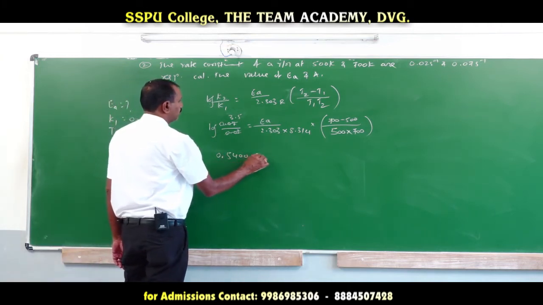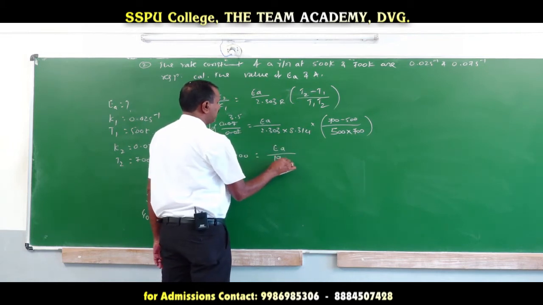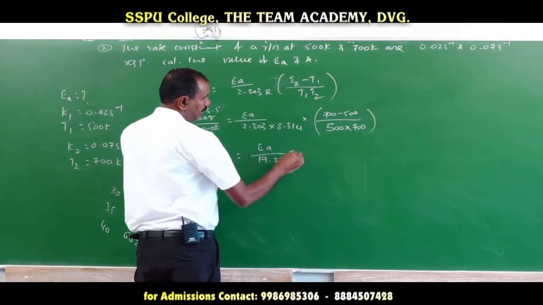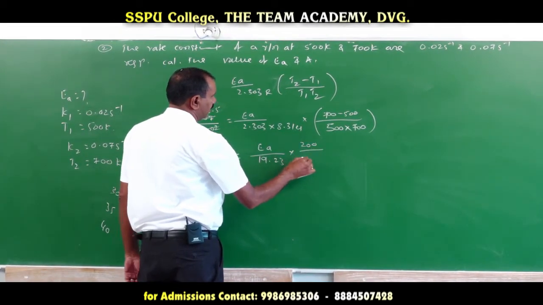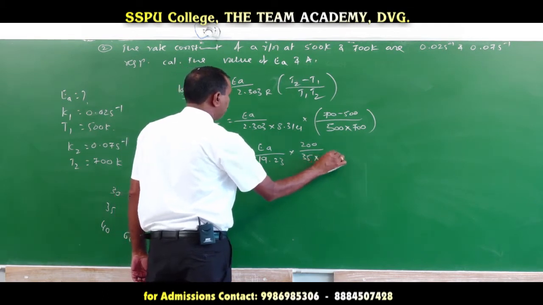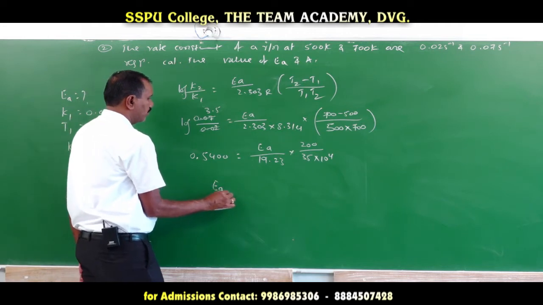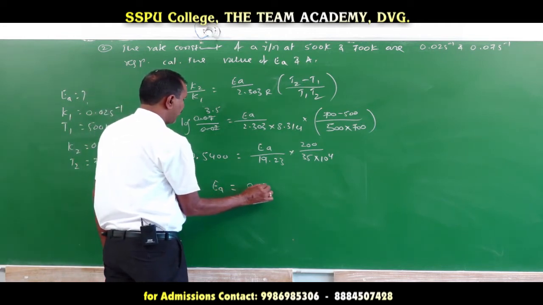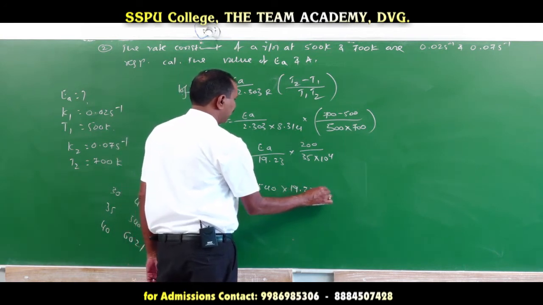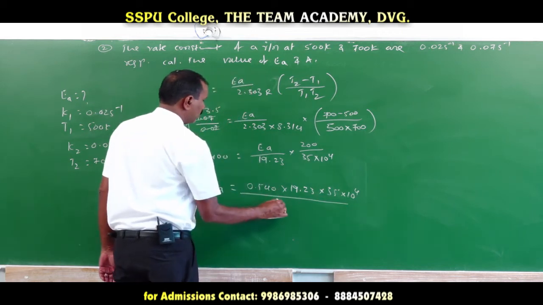Okay. So nearly it becomes 0.5400. E_A by, that is around 19.23, into (700 minus 500), that is 200 by 7, 5 sevens are 35, 35 into 10 to the power of 4. Where E_A equals 0.54 into 19.23 into 35 into 10 to the power of 4 by 200.